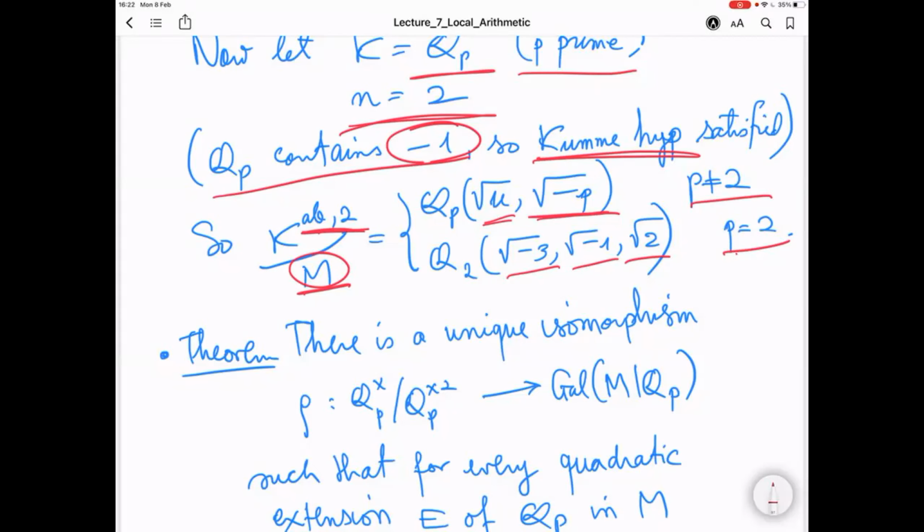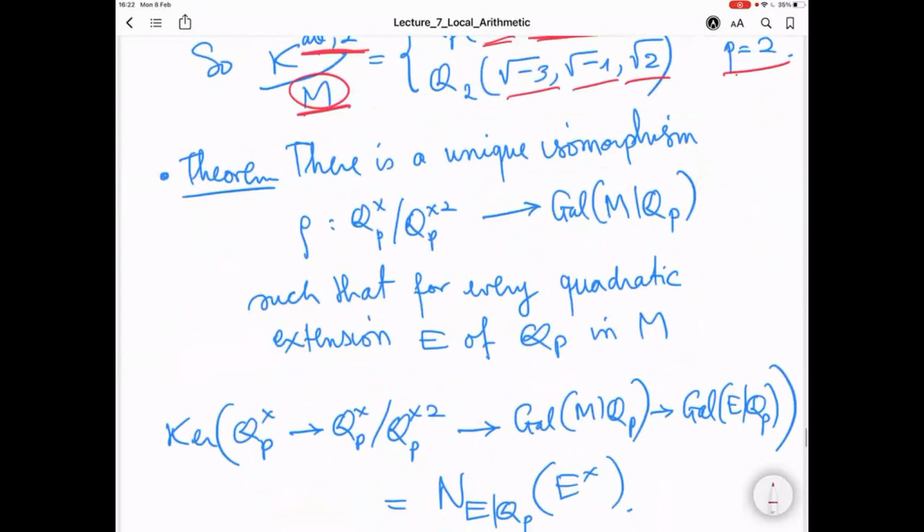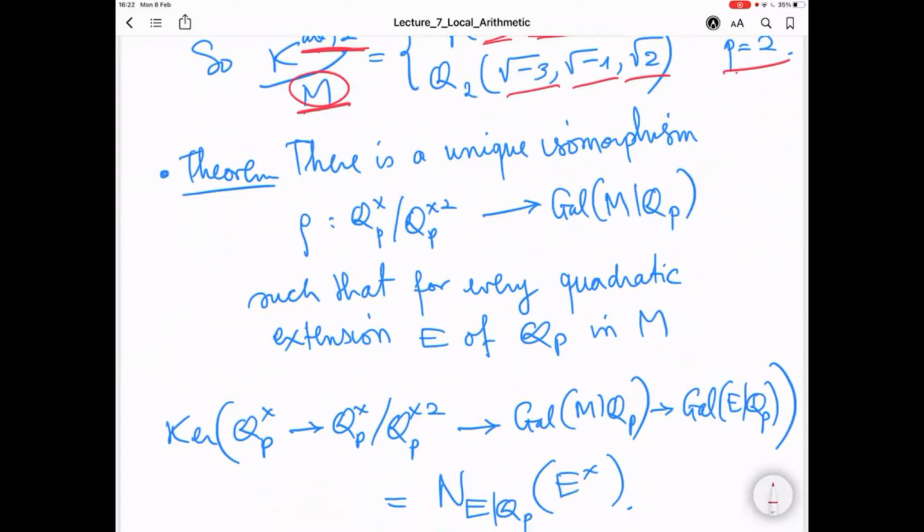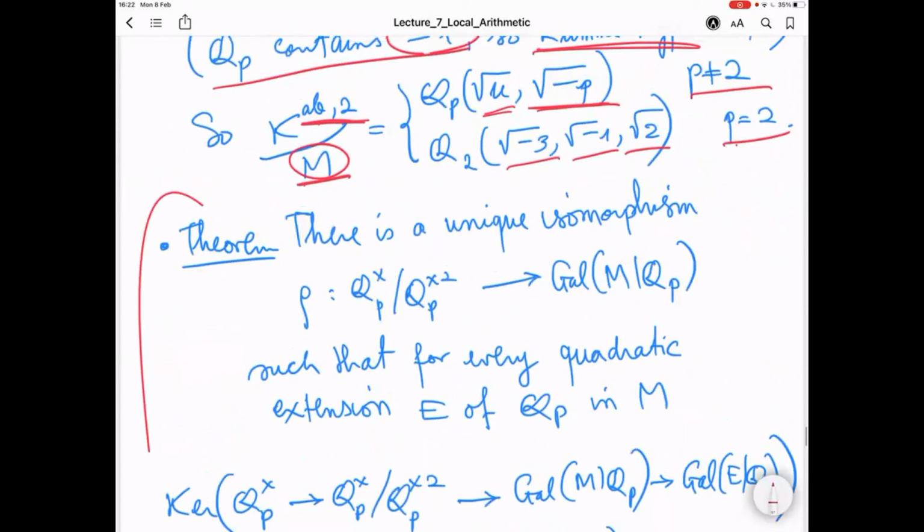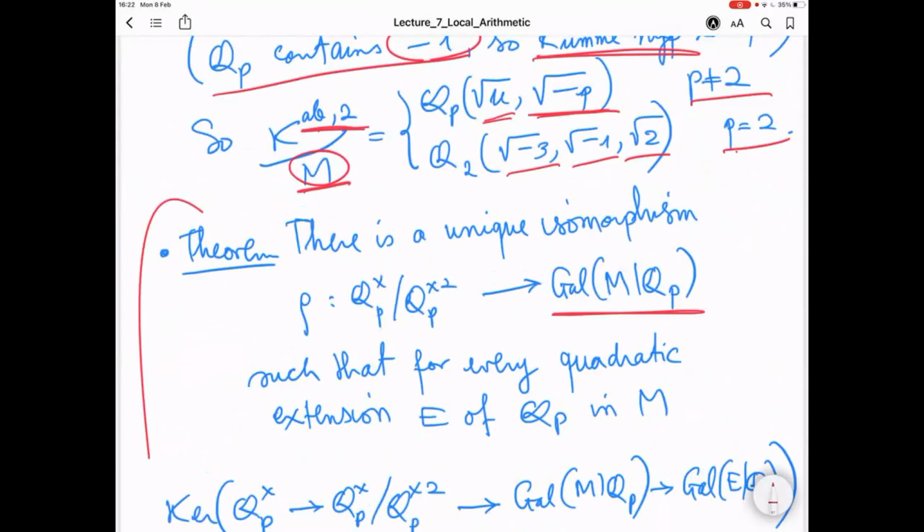Here is the restatement of what we have done. When you take M to be this maximal abelian extension of Q_p of exponent 2, the Galois group of M over Q_p, there is a unique isomorphism rho from Q_p* modulo squares.